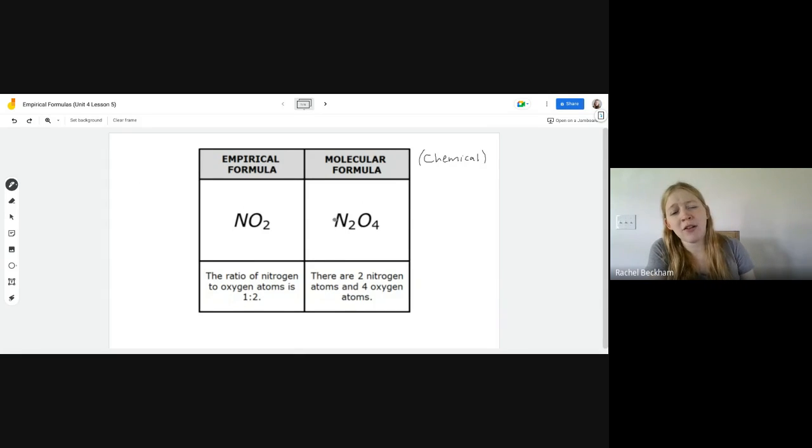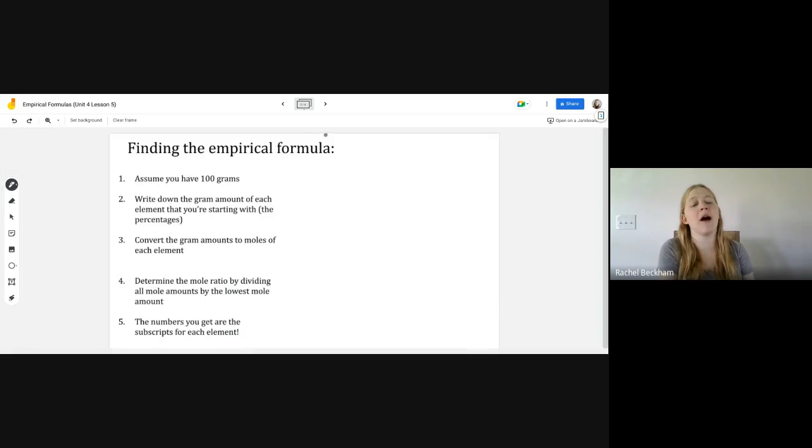So right now you can see it's NO2 times 2 because everything got multiplied by 2. 1 times 2 is 2 and 2 times 2 is 4. So this is multiplied by a factor of 2 in this situation. So the molecular formula will always be some multiple of the empirical formula where you multiply the subscripts by a certain whole number. And we're going to learn how to identify the empirical formula.